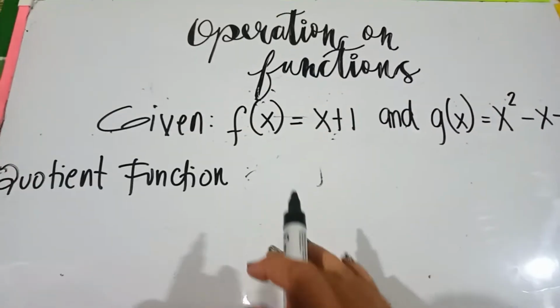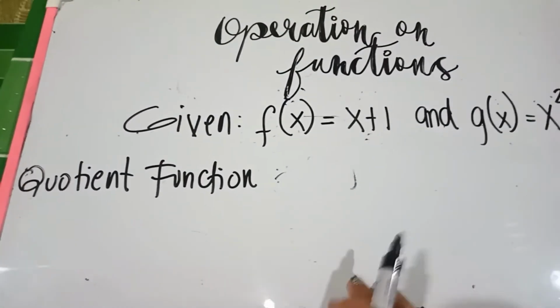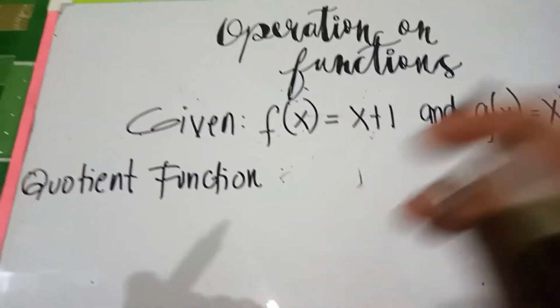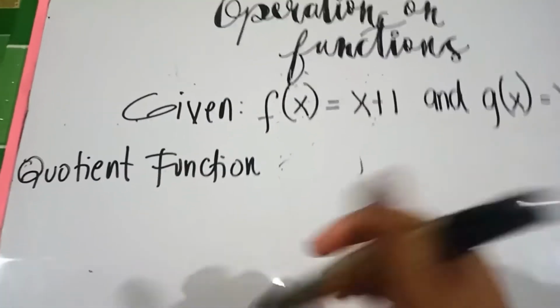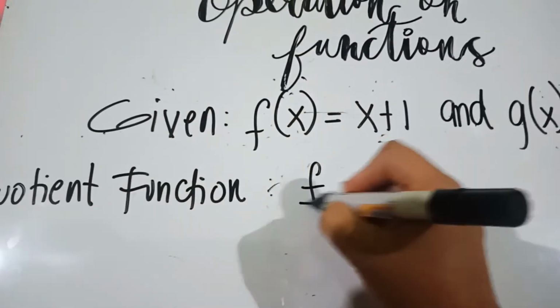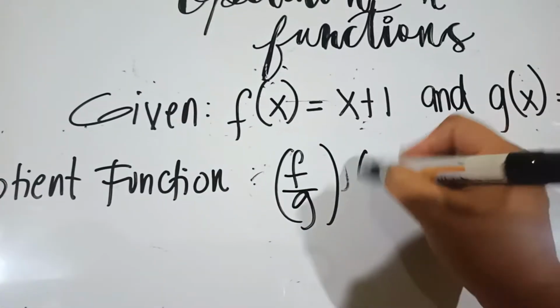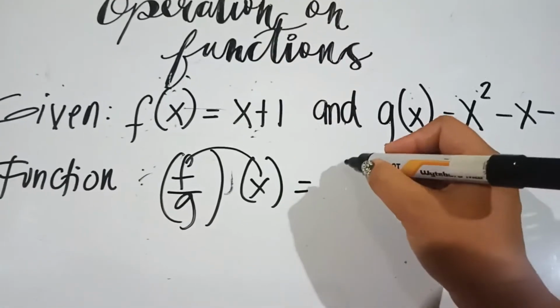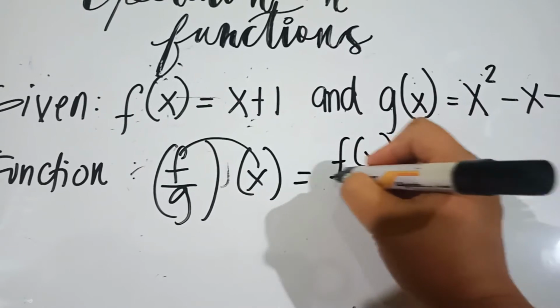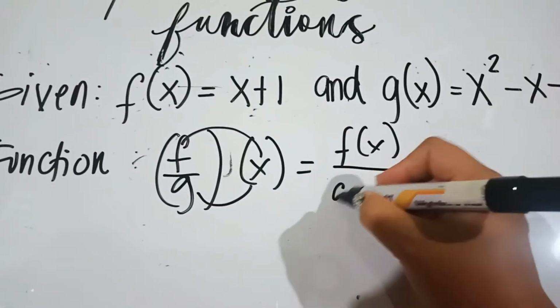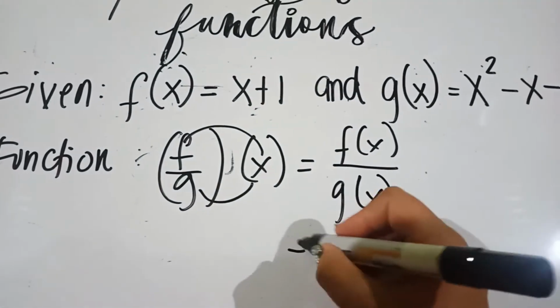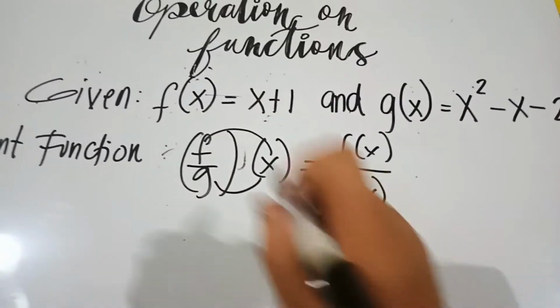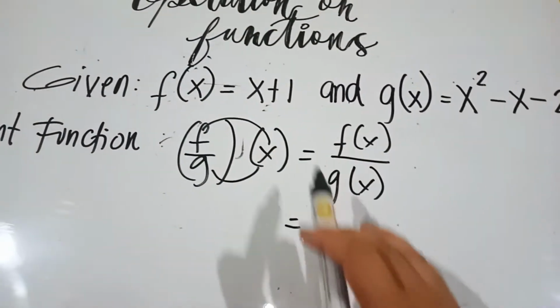Let's proceed to quotient function. Ibig sabihin, we are going to divide the given function and we are going to denote the quotient function as f over g of x is equal to, so ganun pa rin, just distribute f of x and then divided by g of x, na kung saan isa-substitute lang natin yung ating given dito sa ating given formula.